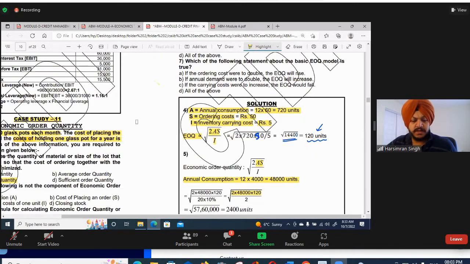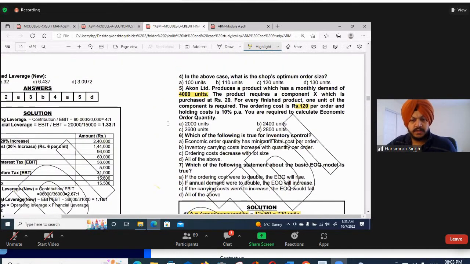Now, what is the inventory carrying cost? He says the holding cost is 10% per year. So 1 unit is of 20 rupees, which is put in the... It is not very clear in the question itself.